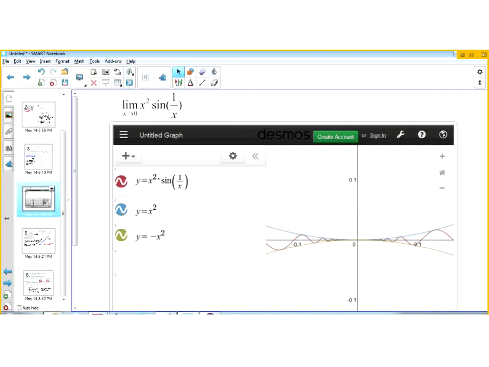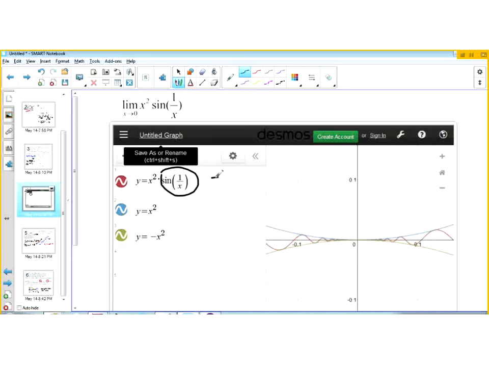What I'm trying to illustrate with this graph is the following. What is the range of the sine function?